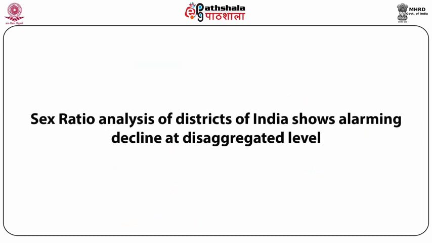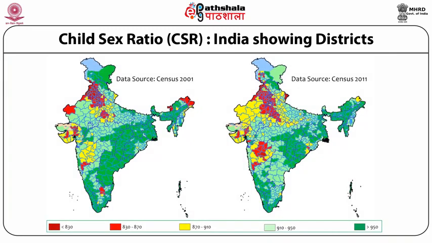Earlier we looked at the states, now we are looking at districts, nearly 600 districts. We had about 630 to 640 districts in 2011.